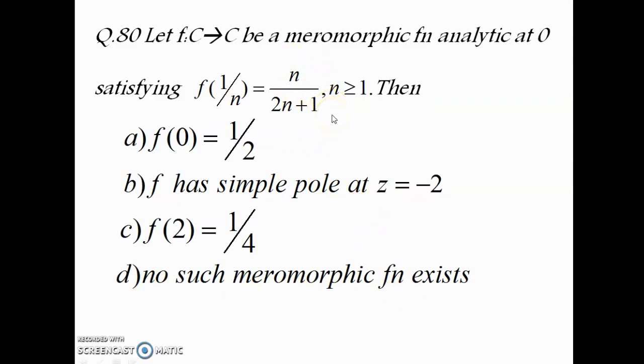So it is having only poles as singularities and it is finite. So f is a meromorphic function. So option D is not true. So we have got f of 0 as 1 by 2, f has a simple pole at z equal to minus 2 and f of 2 is equal to 1 by 4. The correct options are A, B and C.